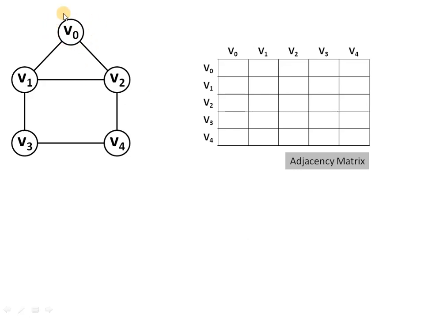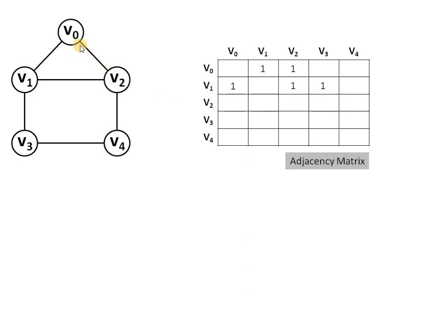We will start with vertex V0. It is connected with vertices V1 and V2, so the entries V0, V1 and V0, V2 should be equal to 1. So we will put these two ones. Then V1 is connected to V0, V2 and V3, so we will put 1 in those entries.